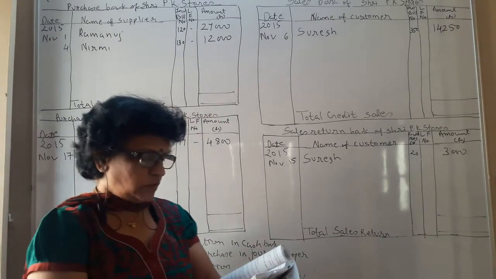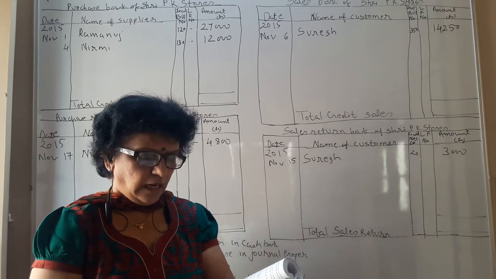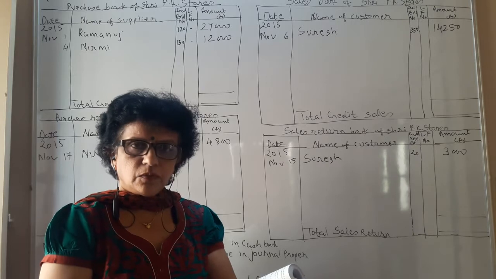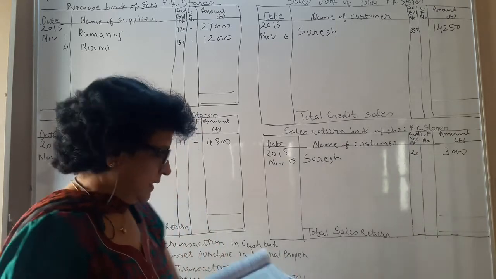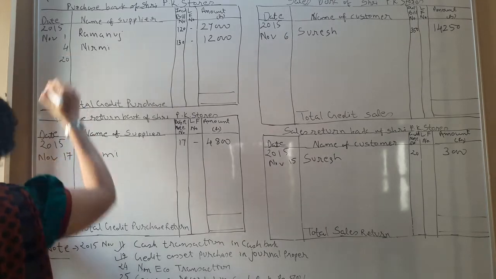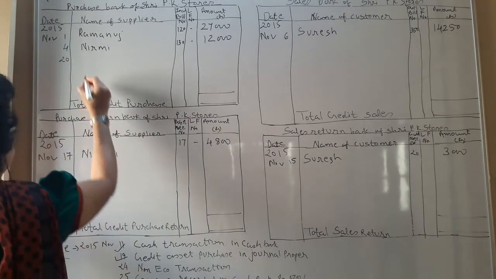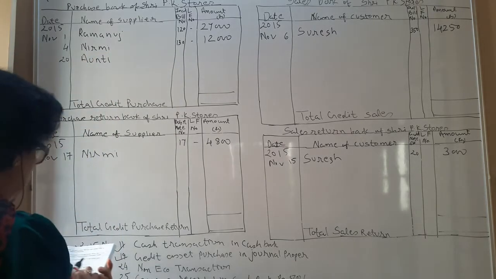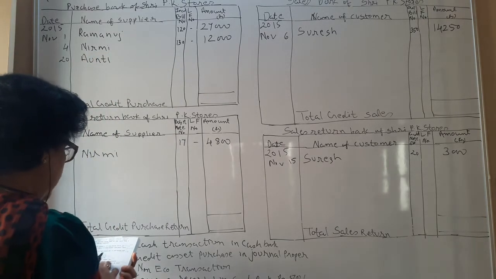20th, purchase goods of 90,000 from Aunty, half of the amount paid immediately. So we have to record it into the purchase book as it is a credit purchase transaction. So on the 20th, you have to write the transaction amount, 90,000.